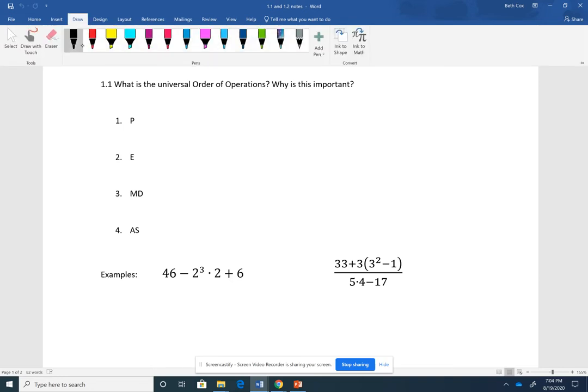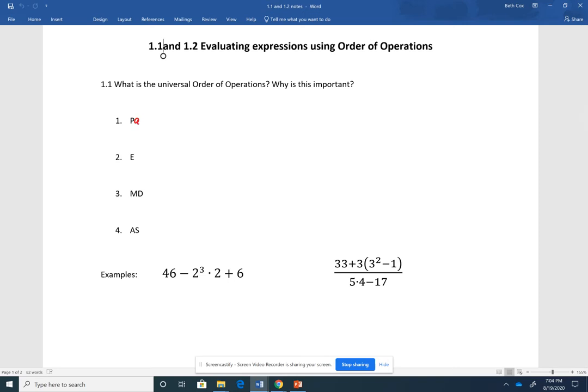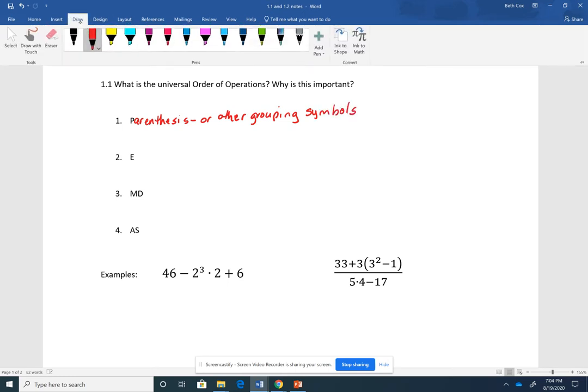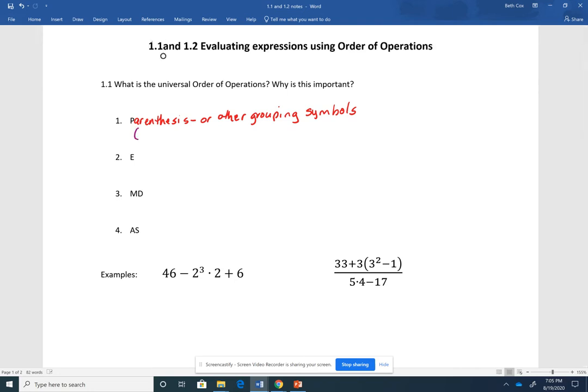Okay, so first of all, the P. The P stands for parentheses. And basically it's parentheses or other grouping symbols, because parentheses are not the only grouping symbols there are. You've got parentheses, but you also have brackets.